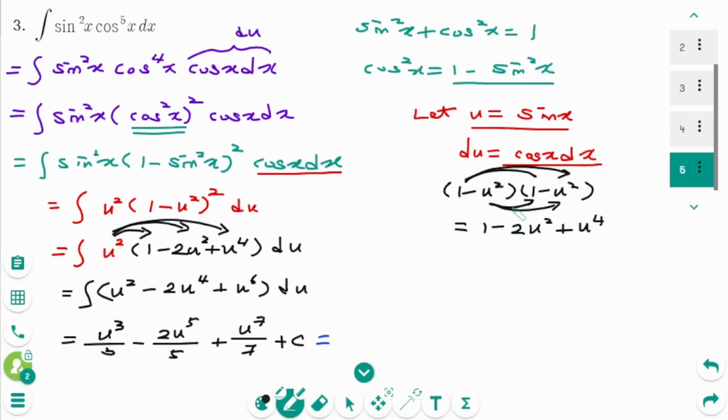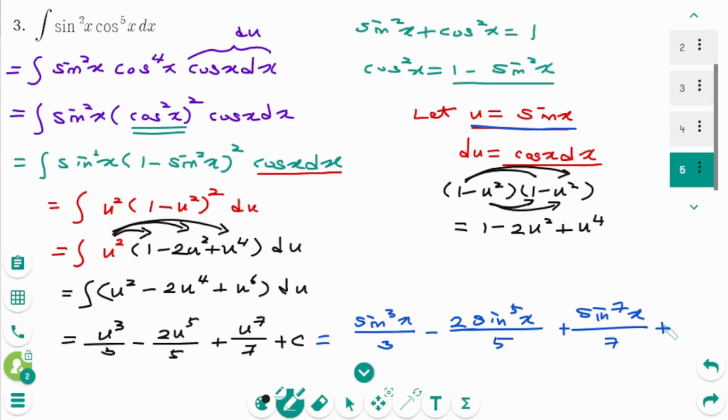Then the final answer, u was sine x, then sine cubed x over 3 minus 2 sine to the 5th over 5 plus sine to the power of 7 over 7 plus c.